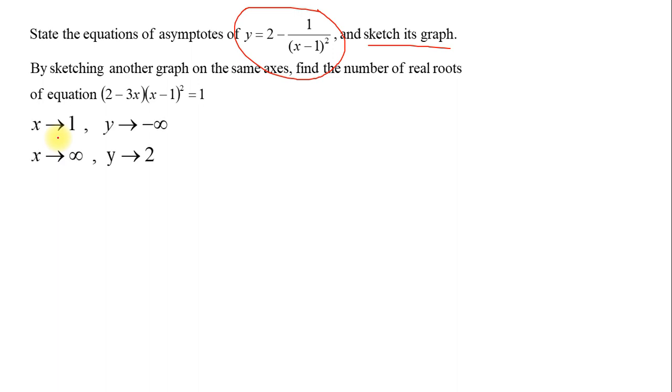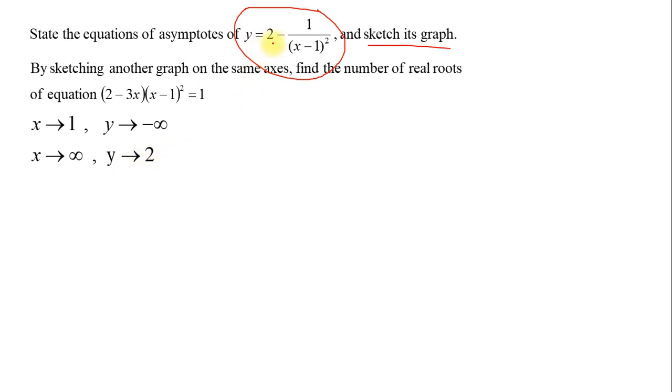First, you can use this. You know, when you see that when x approaching 1, your y will approach negative infinity. And when your x approaches infinity, your y will approach 2.